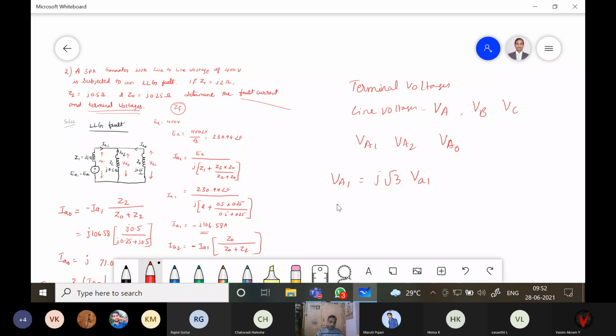We have done this in the phase sequence shifting derivation. And capital VA2 is equal to minus j root 3 into small va2, and capital VA0 will become 0. The line component of zero sequence voltage is always absent. So these are phase voltages.